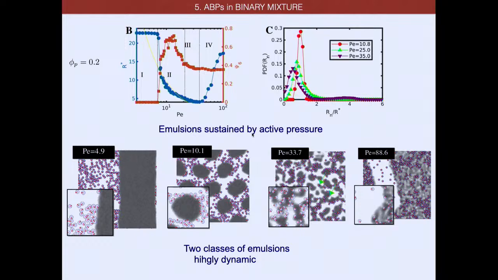On the other hand, the active particles have an active pressure. If we assume a balance between these two pressures, the capillary pressure against the active pressure, the prediction is that the radius of the domains goes as 1 over Peclet number. So at least the scaling can be understood as a balance between these two.